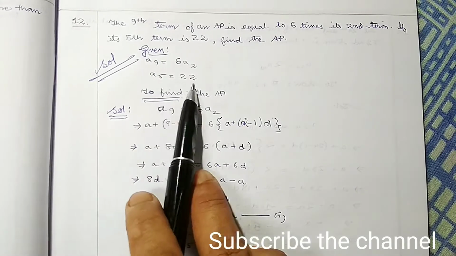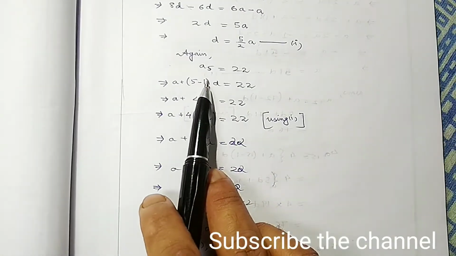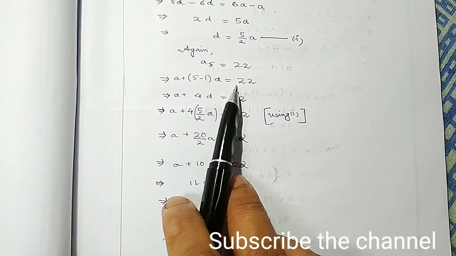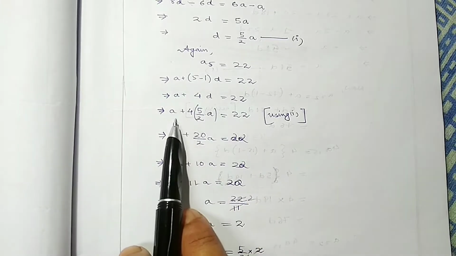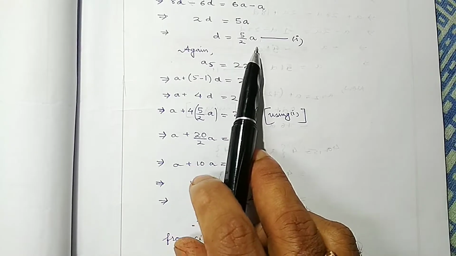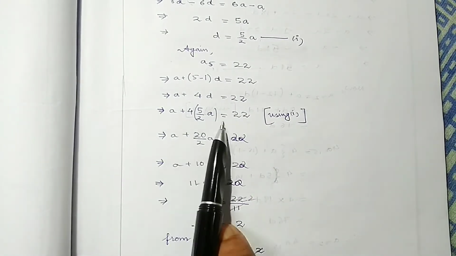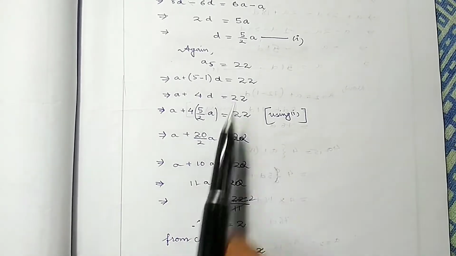Now from the second condition, that is the fifth term is 22, we can write A5 equals 22. We know the formula: A plus (5 minus 1) into D is 22, so A plus 4D is 22. Instead of D I can write 5 by 2 A, using equation 1, because we have used this relation.